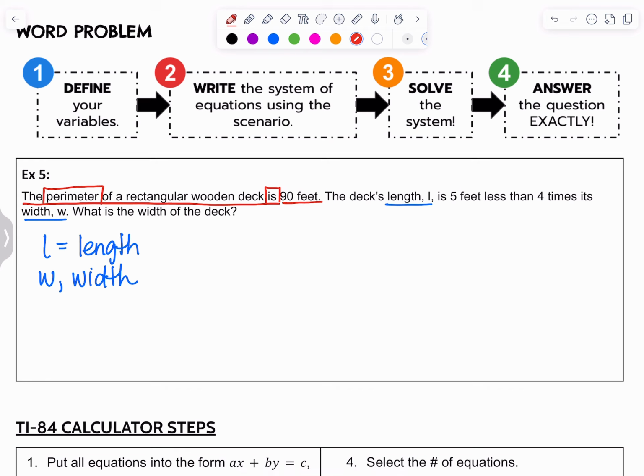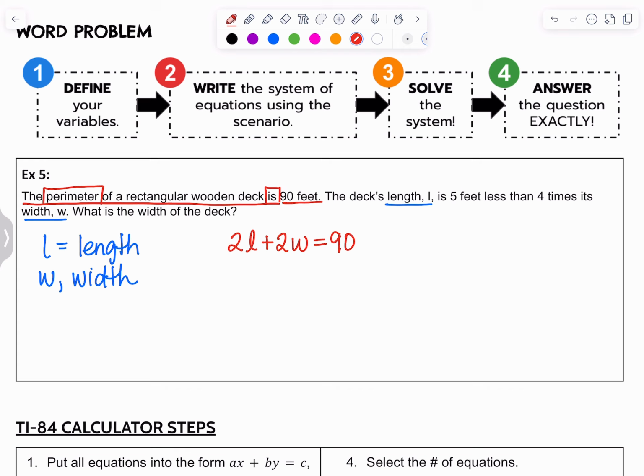A rectangle has 2 lengths and 2 widths. So that means if I have my 2 lengths plus my 2 widths, it should equal 90. All right. The next equation that we have is: the deck's length is 5 feet less than 4 times its width.